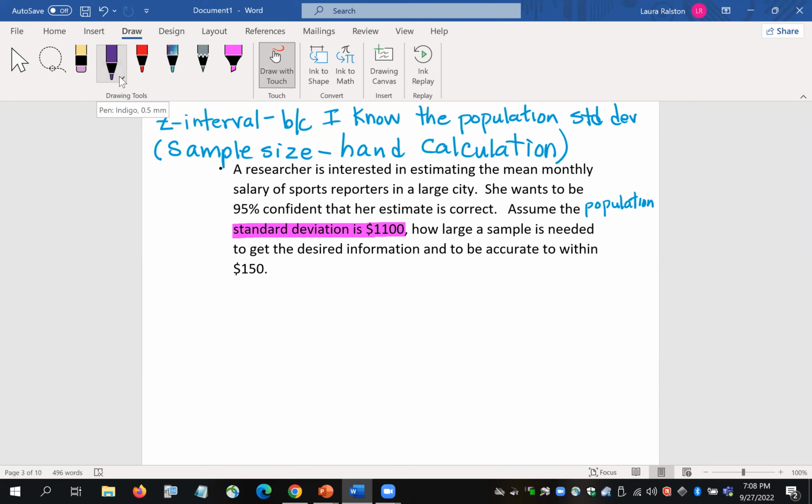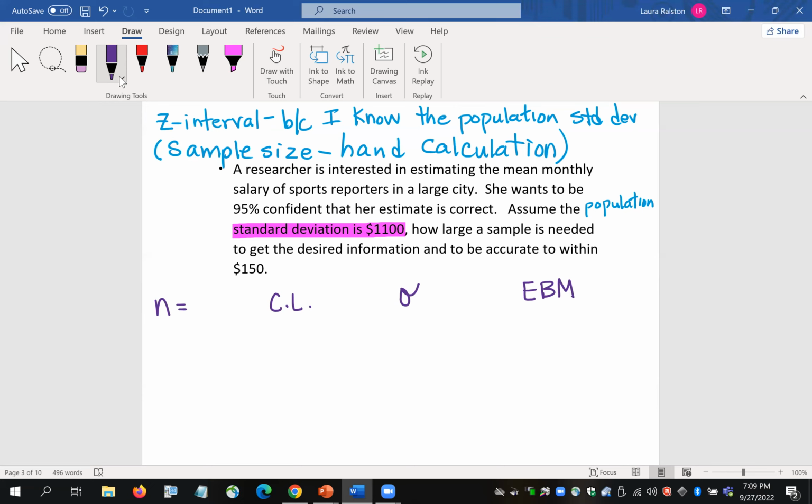So again, if you go back to those slides, I told you when you're looking at sample size, you obviously don't know the sample size because that's what you're looking for. You need the confidence level, you need the population standard deviation, and you need your error bound, or your margin of error.